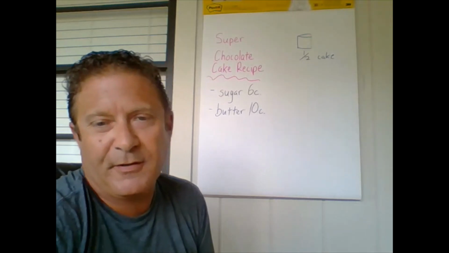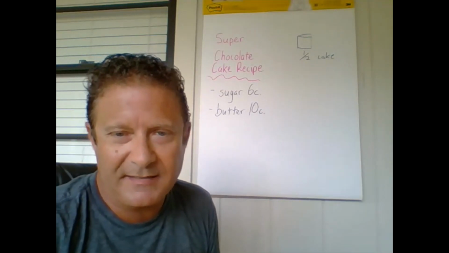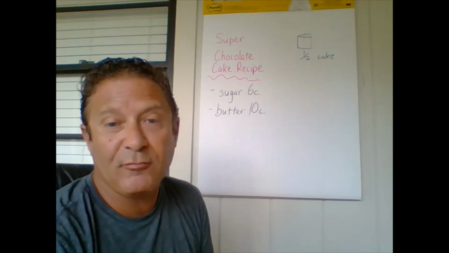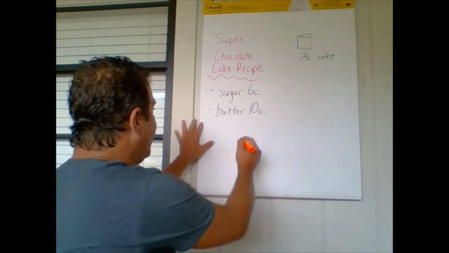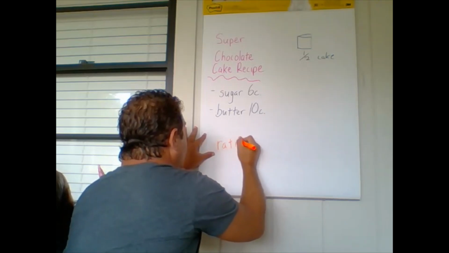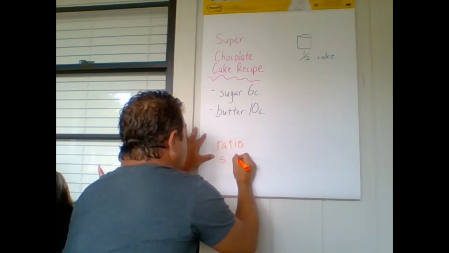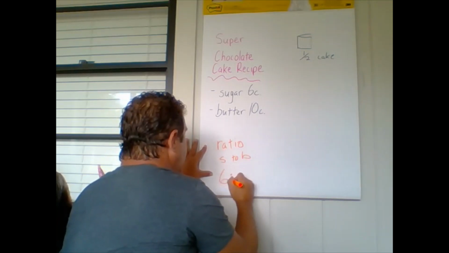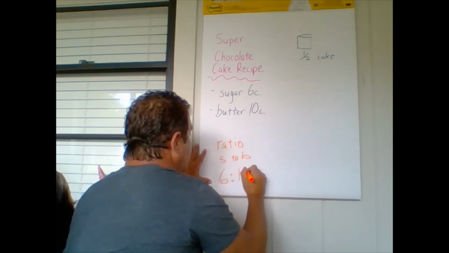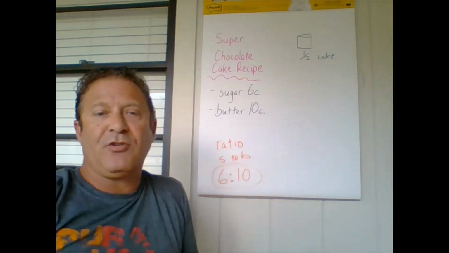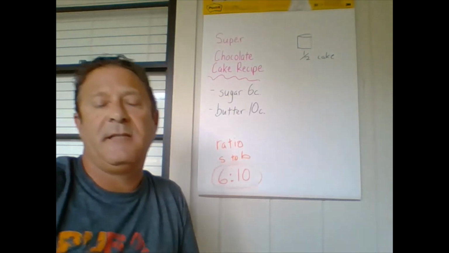Seems like a lot of butter for a cake, but hey, this is math class, not cooking class. So a 6 to 10 ratio of sugar to butter. So my ratio for my super chocolate cake, sugar to butter, is 6 to 10.